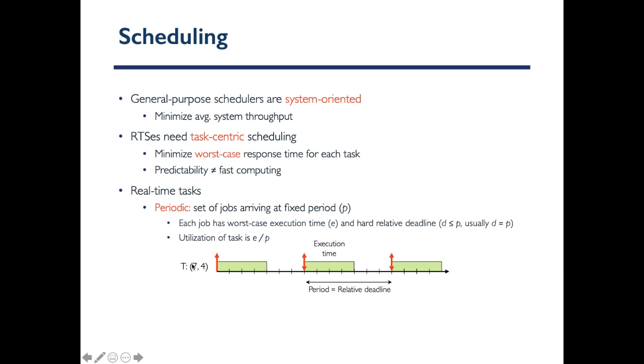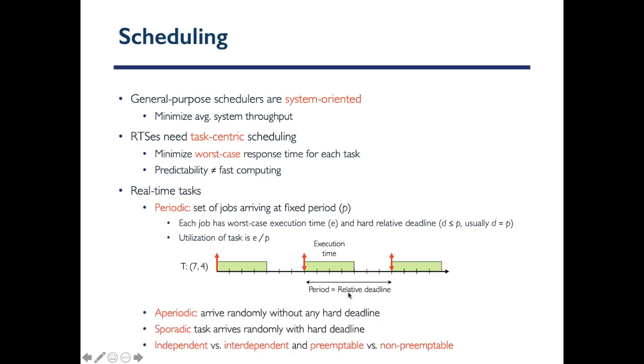The first one is the period. So every 7 time units, a job comes, and each job will take 4 units, worst case. And then the relative deadline, when you don't mention it here, is basically 7. So you have to finish this job by the time that the next job comes. So the relative deadline becomes the period.